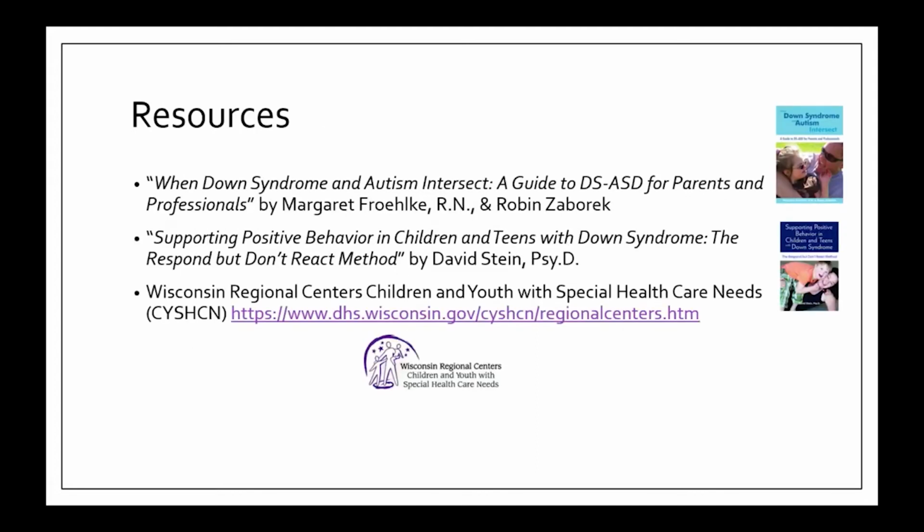So I do want to share some really useful resources that are available both for individuals with Down syndrome and autism, but also just individuals with Down syndrome alone. So the first resource is called When Down Syndrome and Autism Intersect, a guide to Down syndrome autism for parents and professionals.